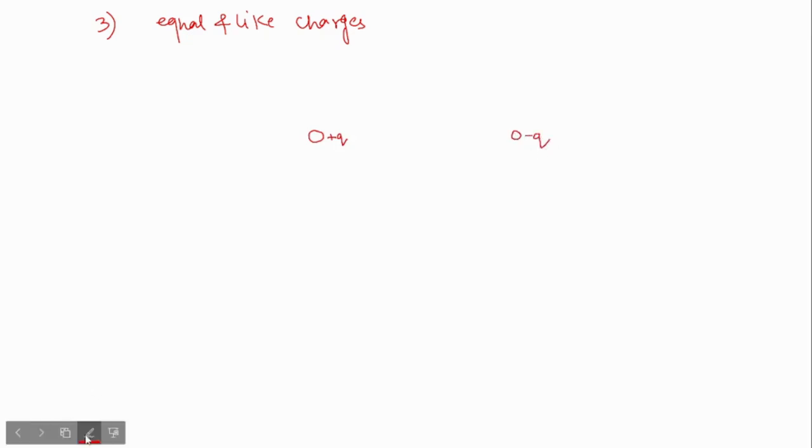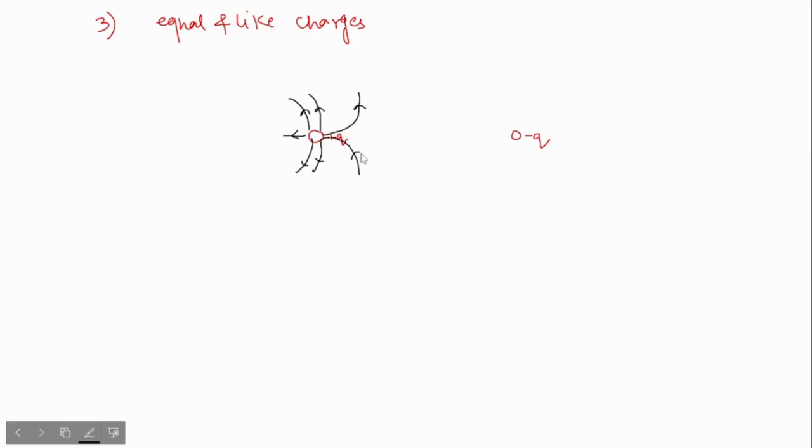Now we want to draw electric field lines due to these. I have told you that for a positive charge the electric field lines will be emerging from it, like this. So the direction will be somewhat like this.